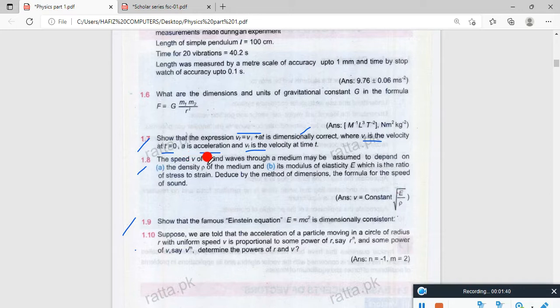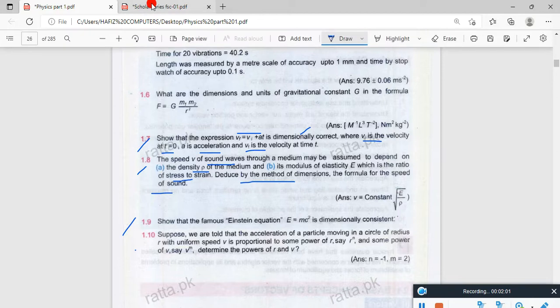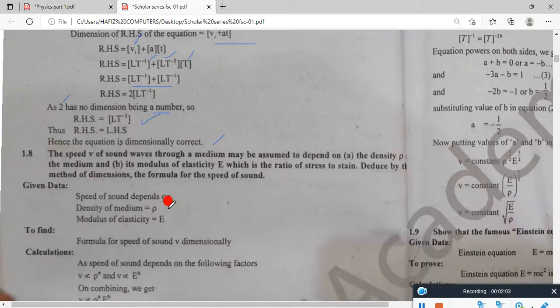The speed v of sound waves through a medium may be assumed to depend on the density rho of the medium and its modulus of elasticity E, which is the ratio of stress to strain. Deduce by the method of dimensions the formula for the speed of sound. We have to derive the formula for the speed of sound.